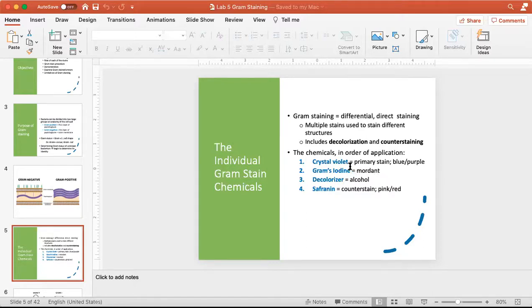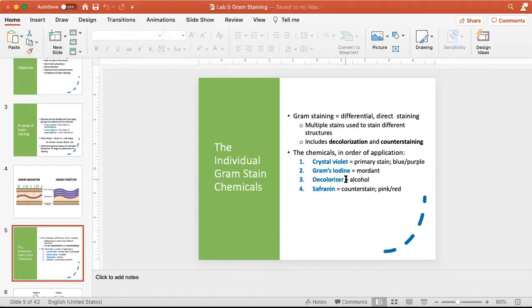And all a mordant does is help that primary dye, in this case crystal violet, penetrate and adhere to the material you're trying to stain. So Gram's iodine serves as a mordant in Gram staining. It's going to help the crystal violet penetrate the peptidoglycan and adhere to the peptidoglycan. Next on the list is our decolorizer.